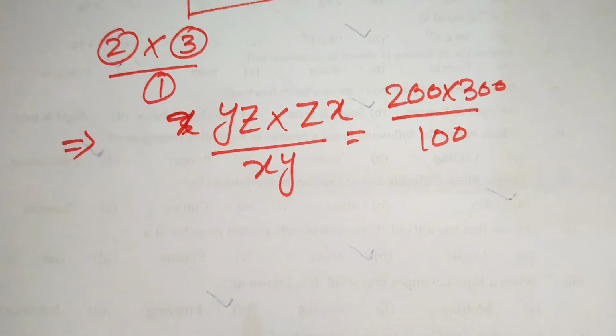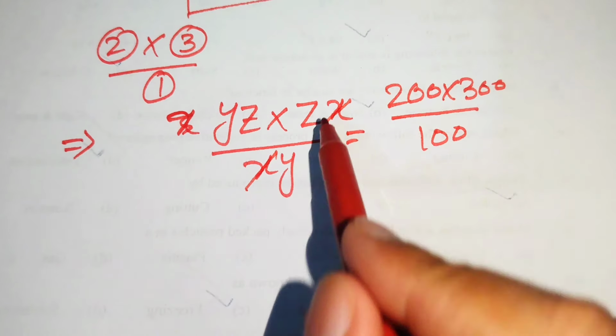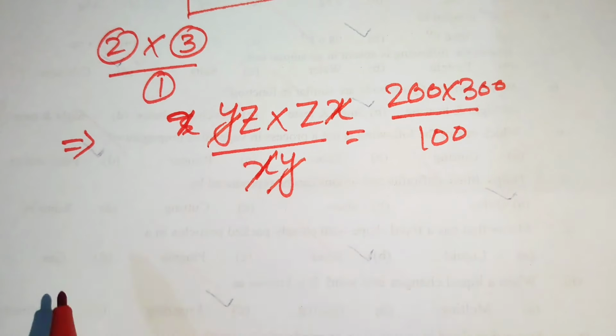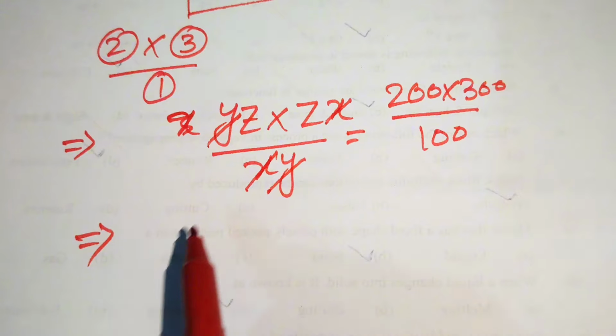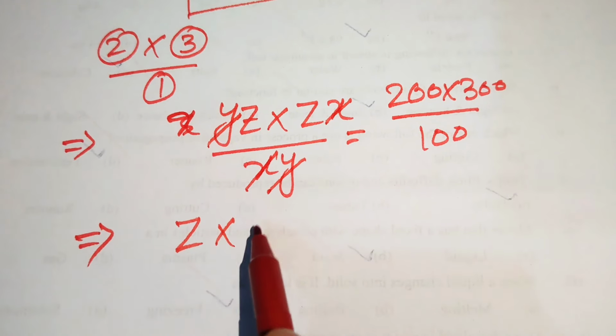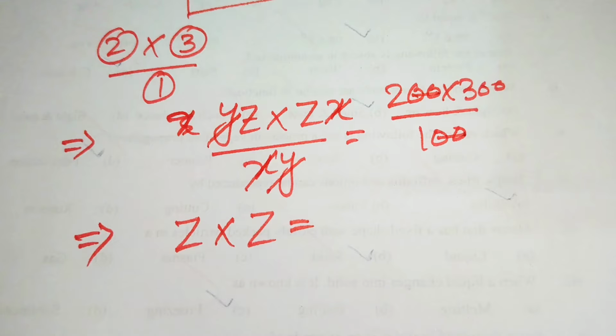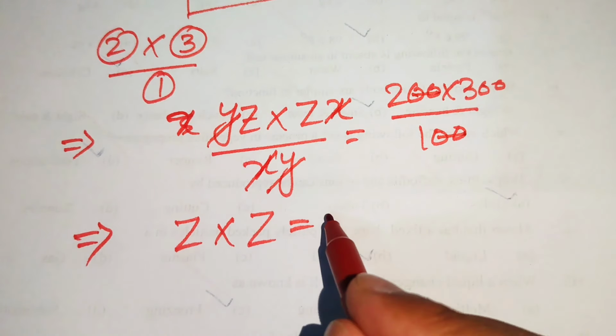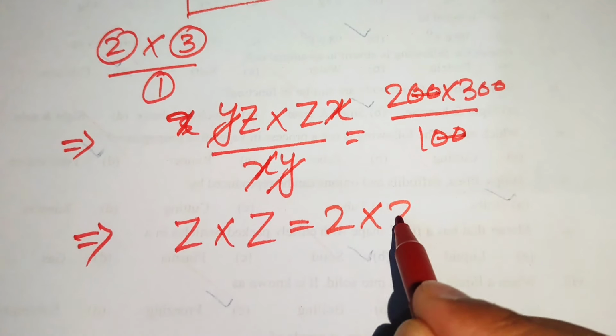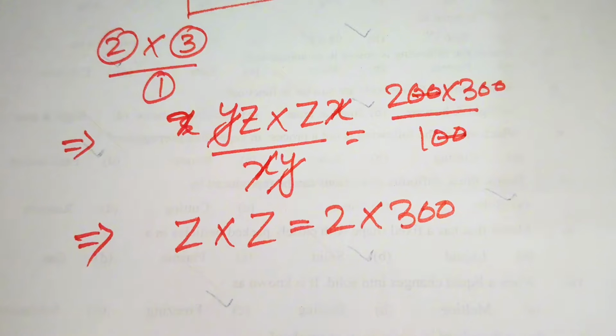Here we need some simplifications. We cancel this x with this x and this y with this y, and it is written as z times z equals, these two zeros are cancelled out by these two zeros, and we get 2 times 300.